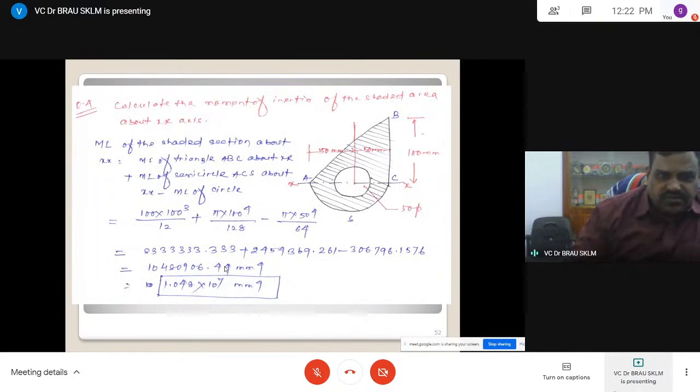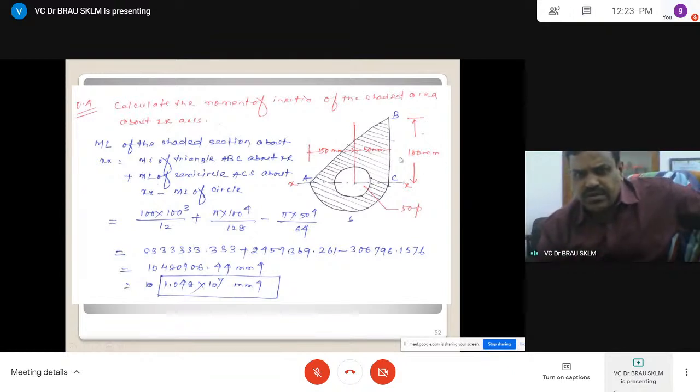Now the same we have done for the moment of inertia. Here, simple logic: square, triangle, semicircle, two sizes. About this point, the semicircle moment of inertia, triangle 1/12 BD cube, semicircle and circle, pi d power 4 by 64.